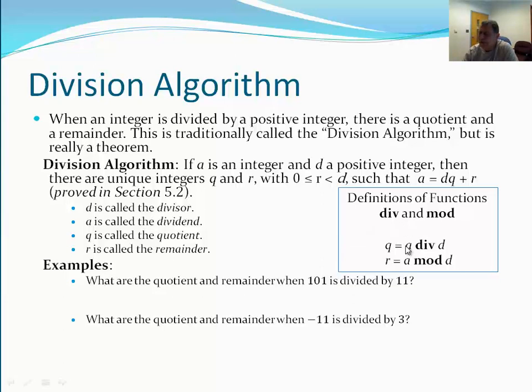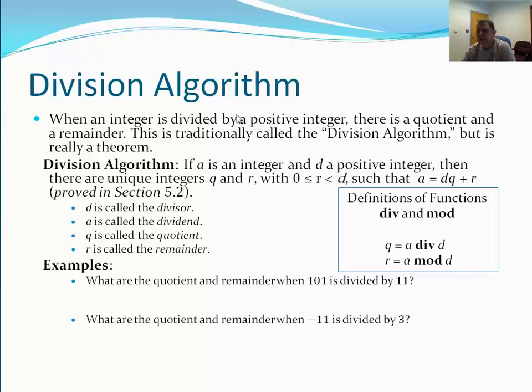So here is the algorithm. If a is an integer and d is a positive integer, then there are unique integers q and r. Q stands for quotient, r stands for remainder, with r less than d. It has to be less than d, right? If you're dividing 16 by 5, the remainder cannot be more than 5.